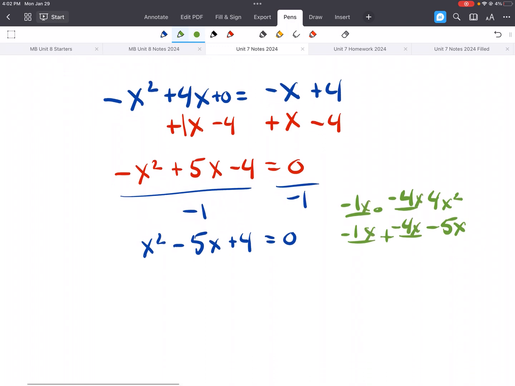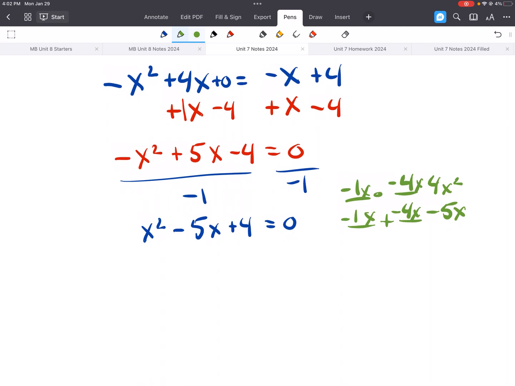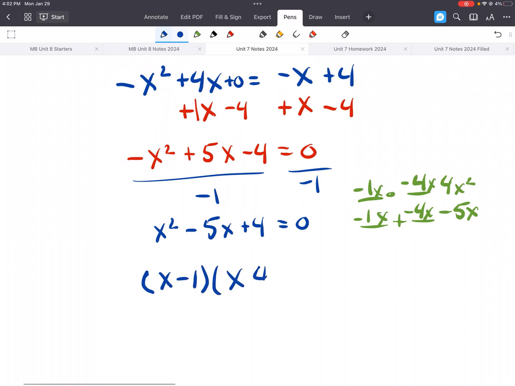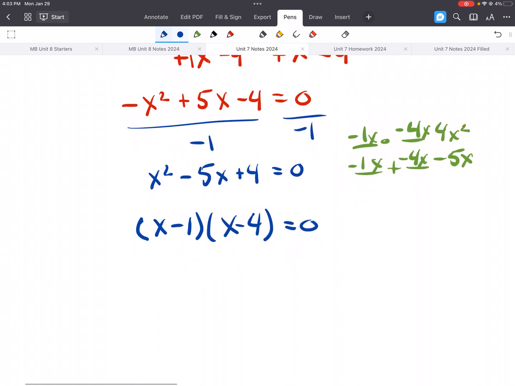Okay, and since we took out that leading negative, then we can use the shortcut. So we would have x minus 1 and x minus 4 equals 0. And we'll want to find those two solutions for x. So x here would have to be 1, and here x would have to be 4.